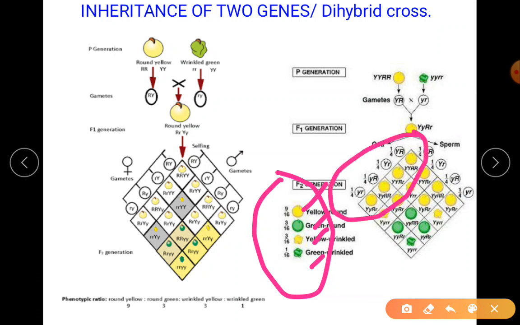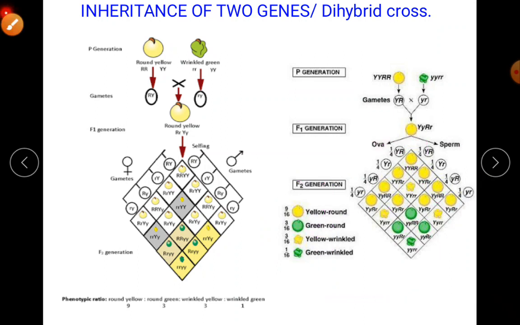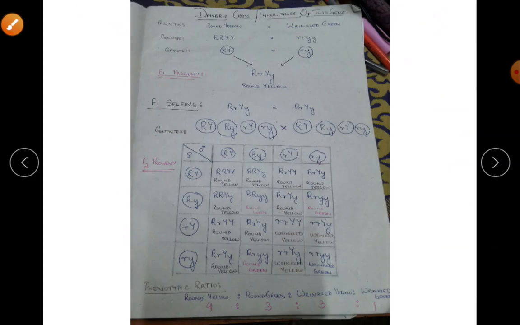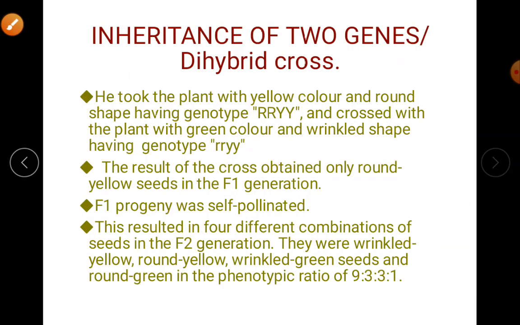Do not worry about what this 1/4 is; that is a very detailed explanation here. You have to know the schematic representation. All these seeds you need not draw. Now we are going for the next.